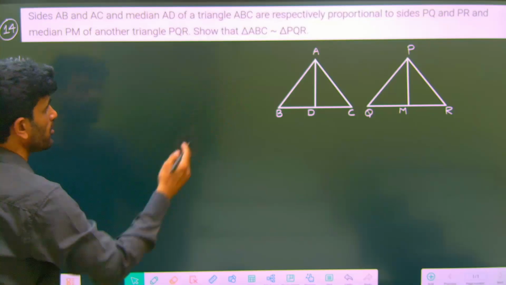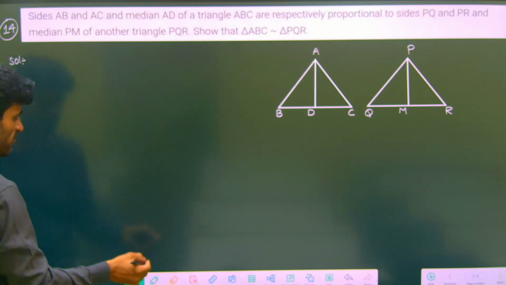In any geometry problem, first we write the given information.